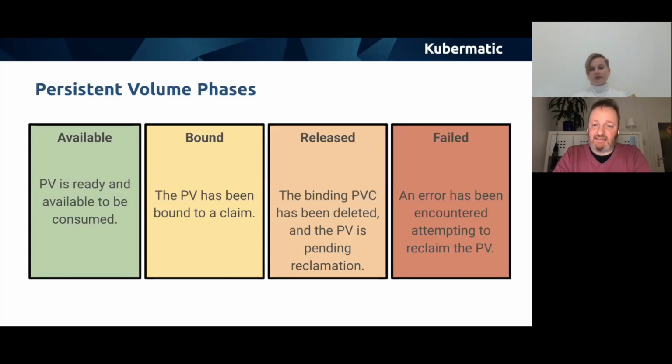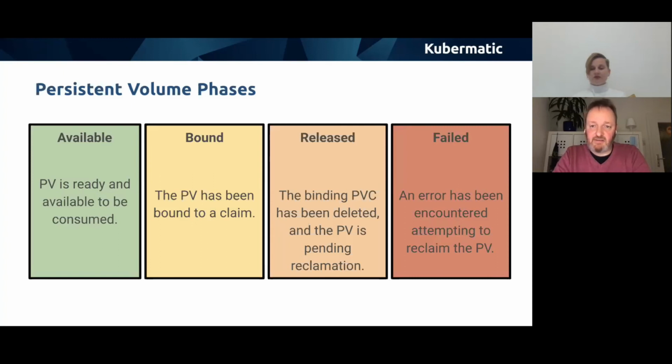Then released. This means that the binding PVC has been deleted. So no one wants to have the persistent volume anymore, and it can be reclaimed or deleted by the administrator.